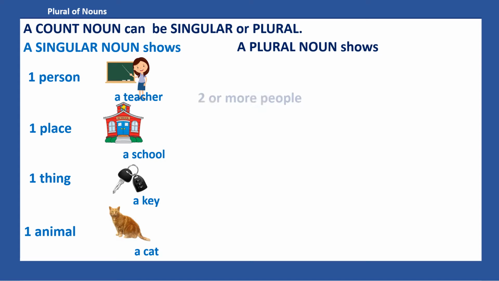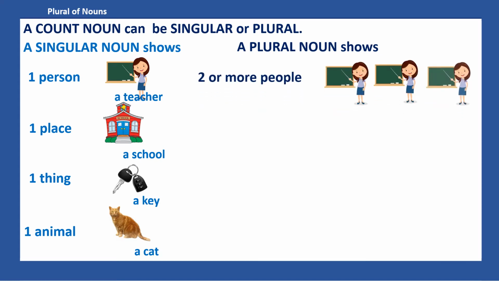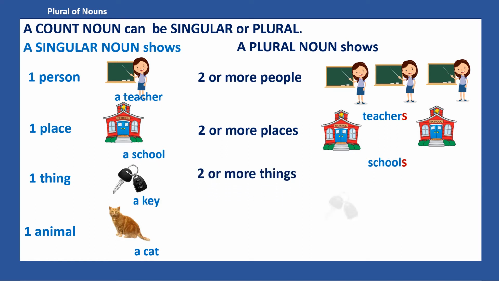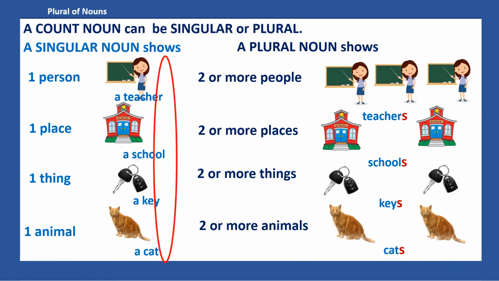A plural noun shows 2 or more people. Teachers. 2 or more places. Schools. 2 or more things. Keys. 2 or more animals. Cats.